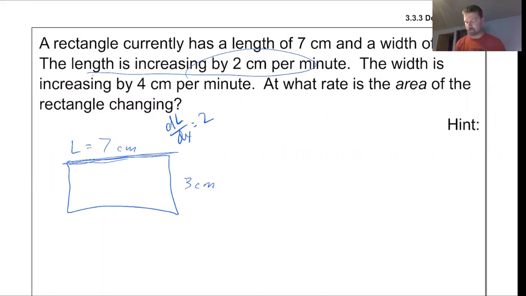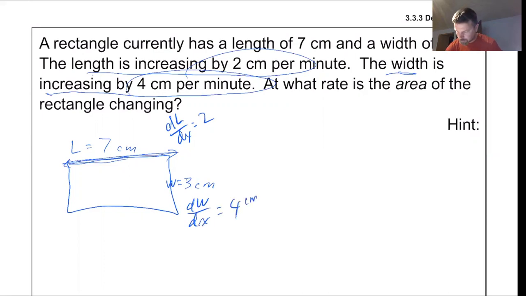The width is also increasing. It's increasing at 4 centimeters per minute, not per second. So this W, that's 3 centimeters, I know how fast the W is changing, dW dx. That's changing at 4 centimeters per minute. I keep saying per second. That's centimeters per minute. Right?